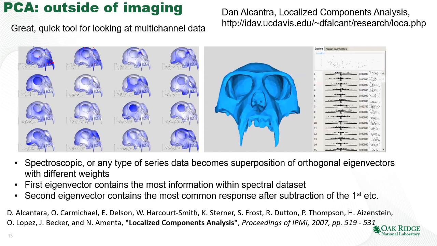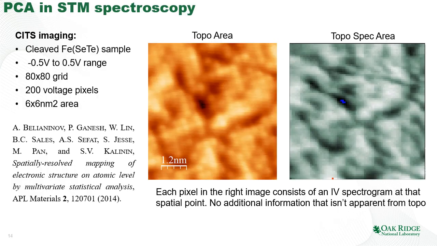Now, playing with skulls is, of course, outside the material. What we can do is take our microscope and tell it to acquire tunneling spectra at each point on the sample surface. We select a spatial grid of 80 by 80 pixels.